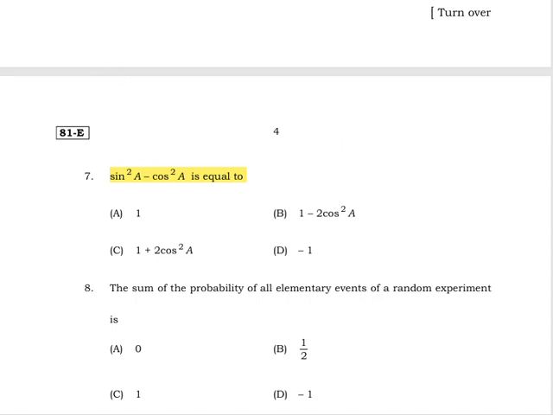Suppose I'll write it here. So sin square A is equals to 1 minus cos square A. So we can write like this. Sin square A plus cos square A is equals to 1.